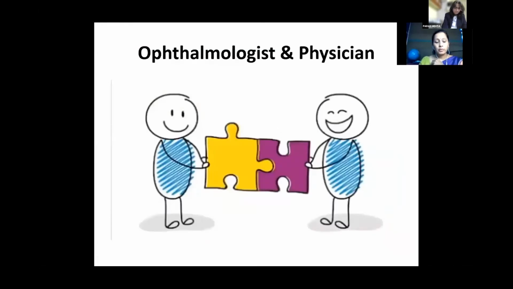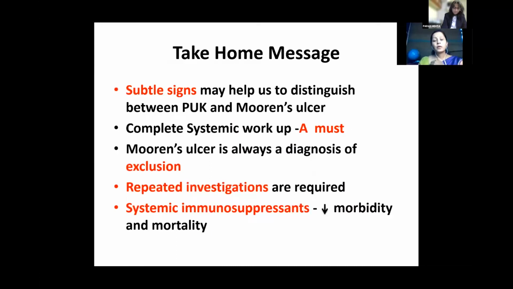So what you need to remember in PUK is that it's not one doctor's or one clinician's disease. It requires team management; an ophthalmologist, a physician, and an immunologist are required for the management of these conditions. So the take-home message for us as ophthalmologists is: first differentiate it from Mooren's ulcer, then do a complete systemic workup.